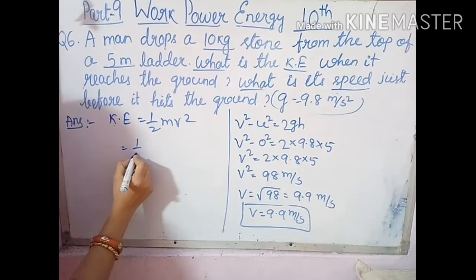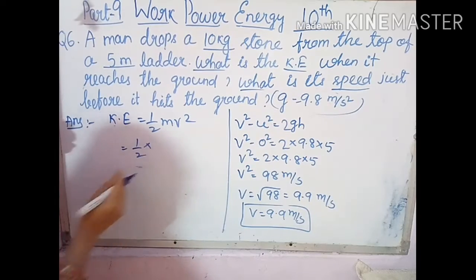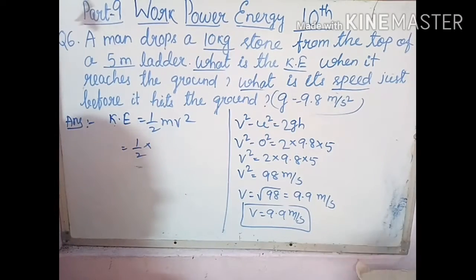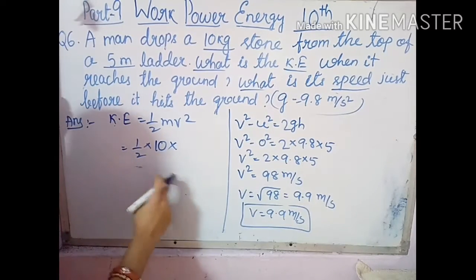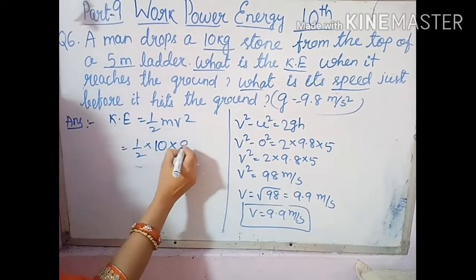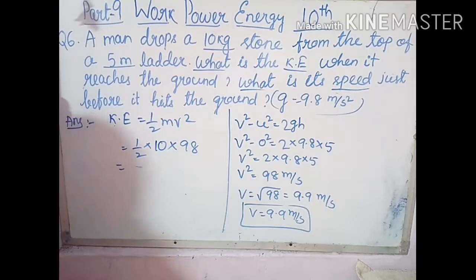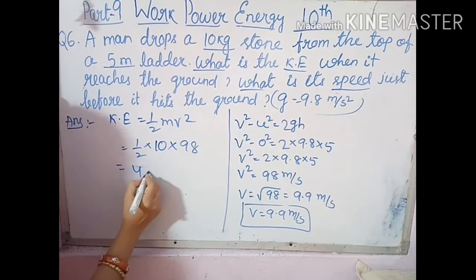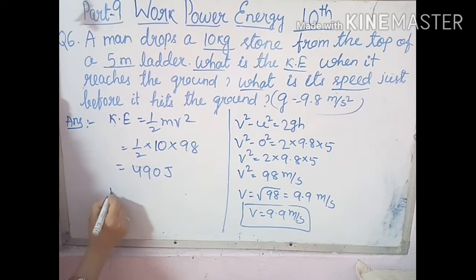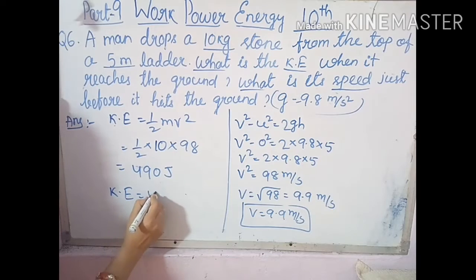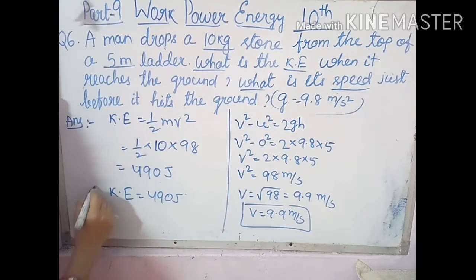Here m is given, that is 10, and v square you got as 98, you put 98. On solving this, kinetic energy equals 490 joule. So your final answer, kinetic energy equal to 490 joule.